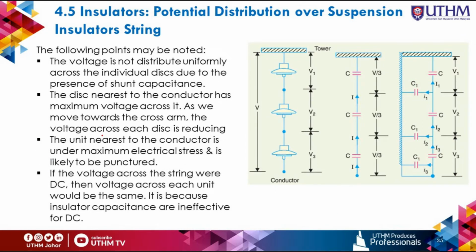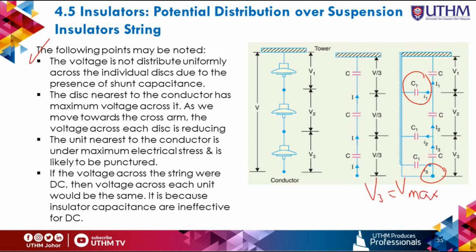So the following points may be noted regarding the potential distribution over a string of suspension insulators. First, the voltage is not distributed uniformly across the individual discs due to the presence of the shunt capacitance. Second, the disc nearest to the conductor has the maximum voltage across it, so V3 is the V max.